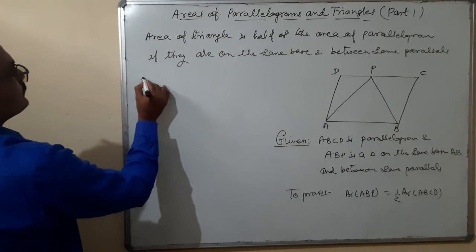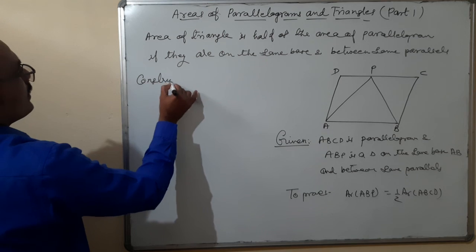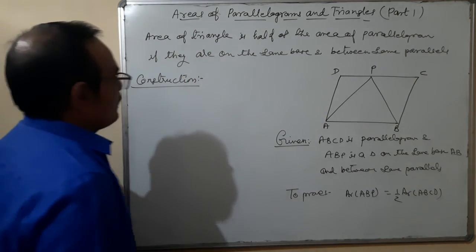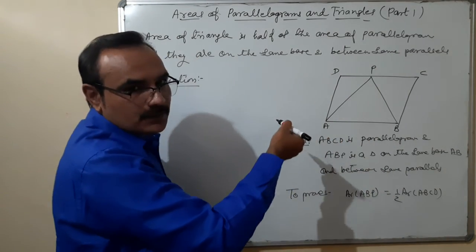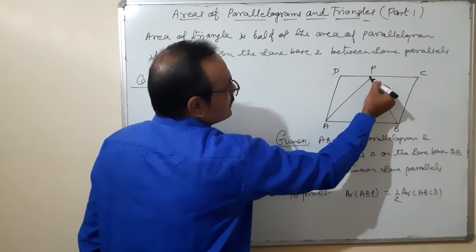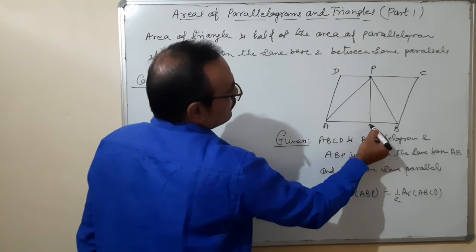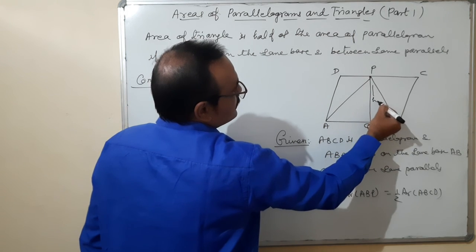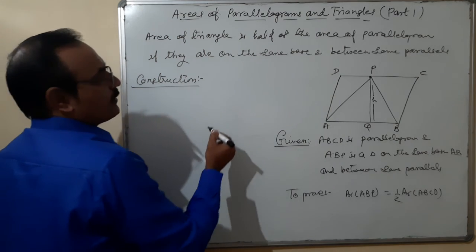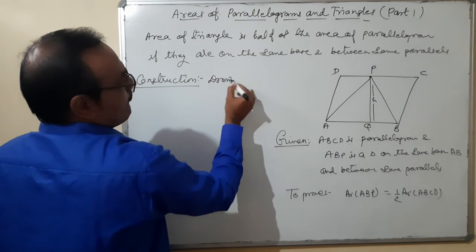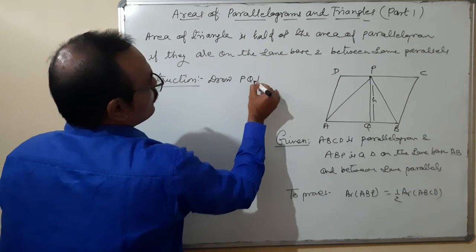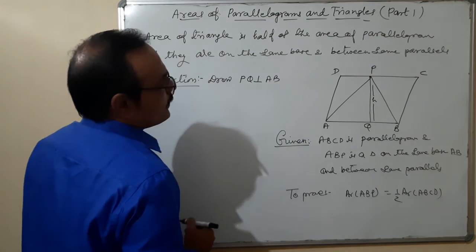Construction is required, and we are proving this like in the previous theorem, where I proved it by the second alternative method. We are using this: PQ and height is H. So in construction, what I have written here: draw PQ perpendicular to AB.